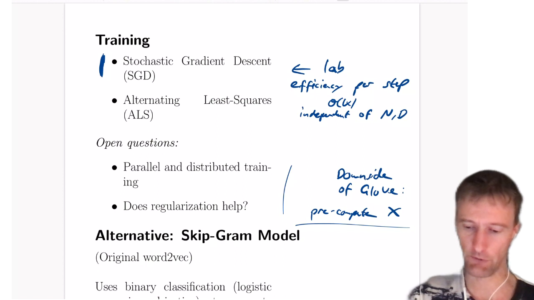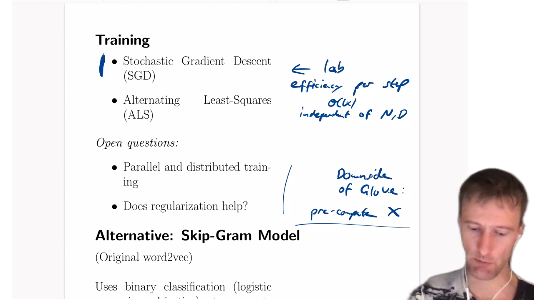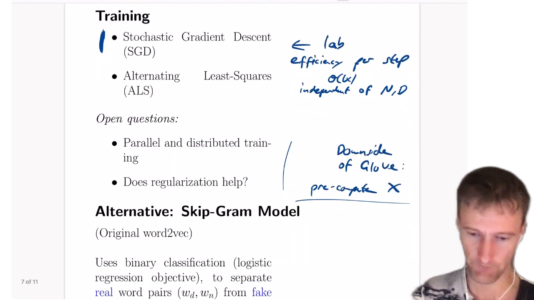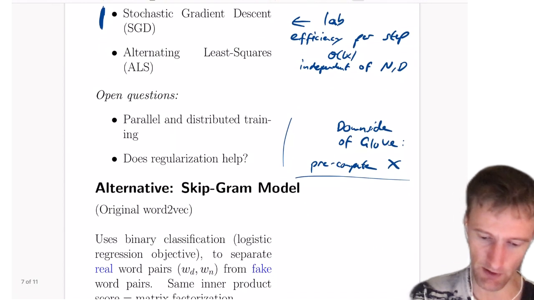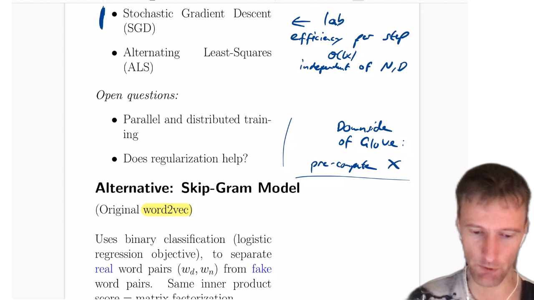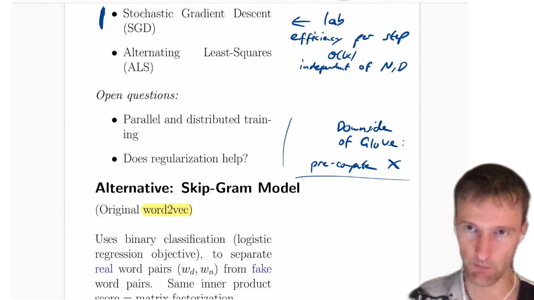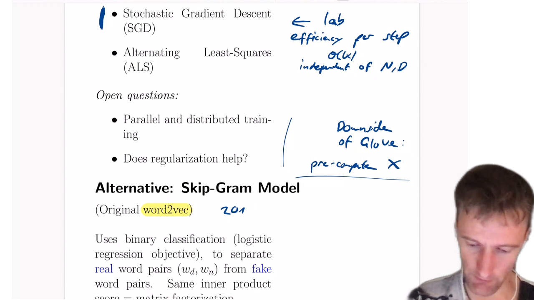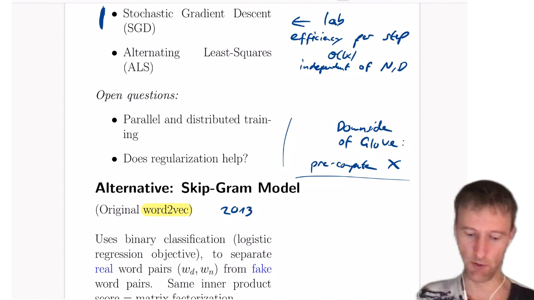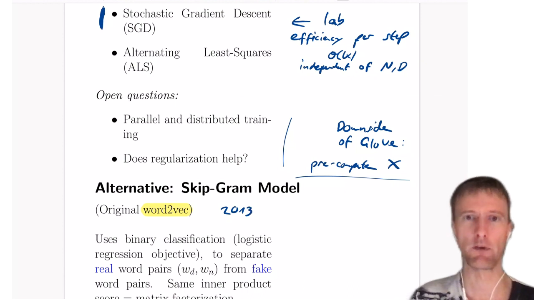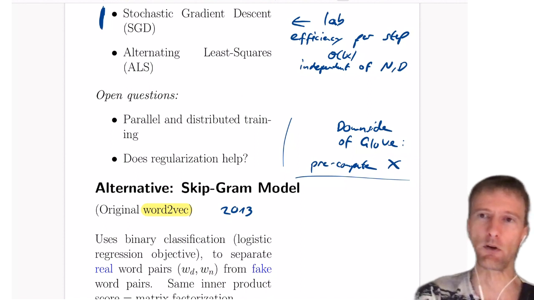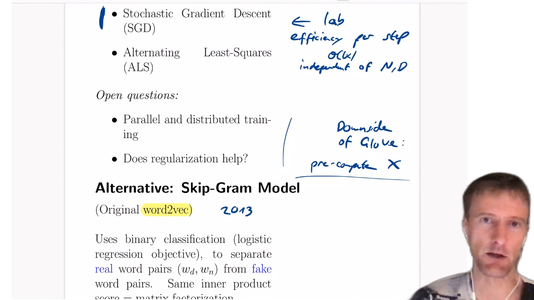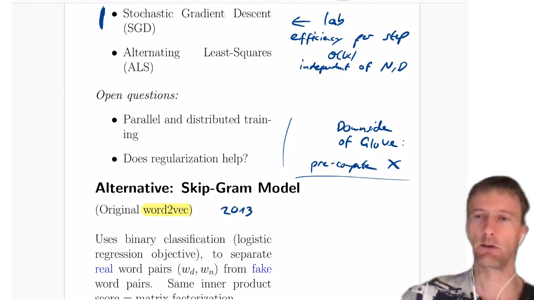So that's a big downside, and that's why GloVe has been a bit less popular than this other method, which you might have heard of already, called Word2Vec, and that is from 2013, and has already found a huge impact, tens of thousands of citations, and even more importantly, a lot of usage in industry use cases as well.